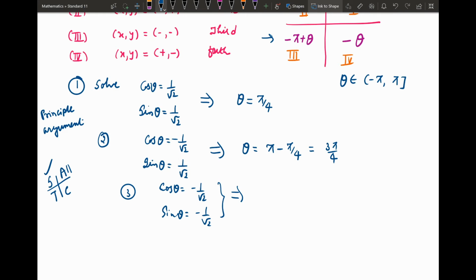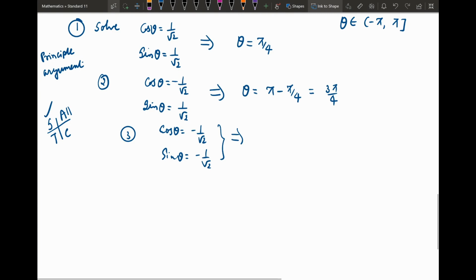So theta will be minus pi plus pi by 4, which is minus 3 pi by 4.